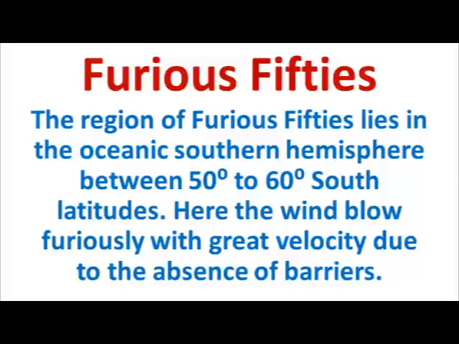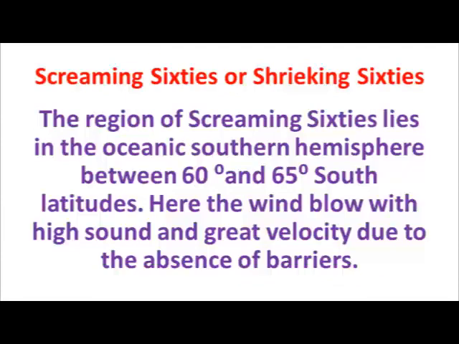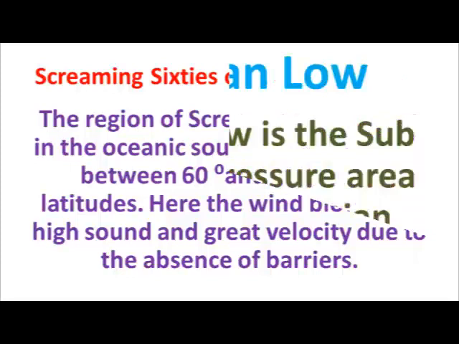Here the wind blows furiously with great velocity due to the absence of barriers. Screaming Sixties or Shrieking Sixties. The region of Screaming Sixties lies in the oceanic southern hemisphere between 60° and 65° south latitudes. Here the wind blows with high sound and great velocity due to the absence of barriers.